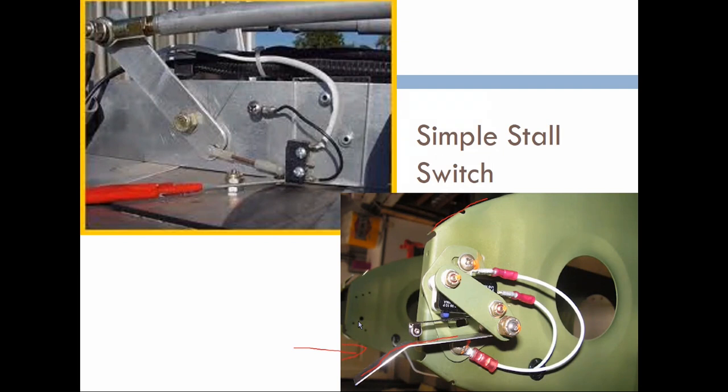Aircraft pitches nose up, and the tab is then put into the airflow, and it pushes upwards and makes contact with that micro switch. And that micro switch is attached, again, one is ground and one is your sensor going back to your stall warning.